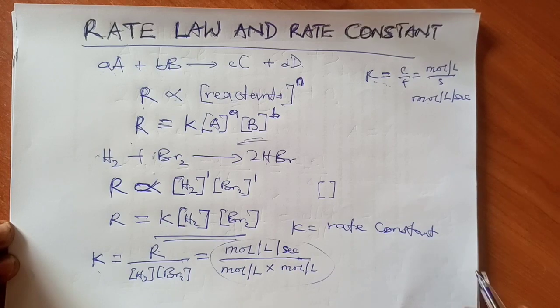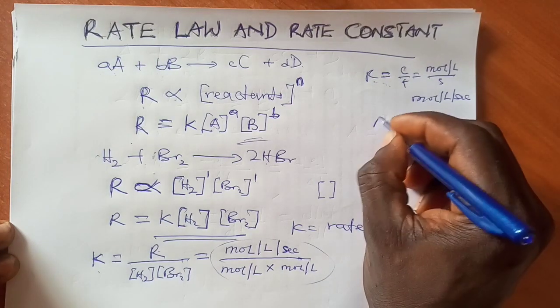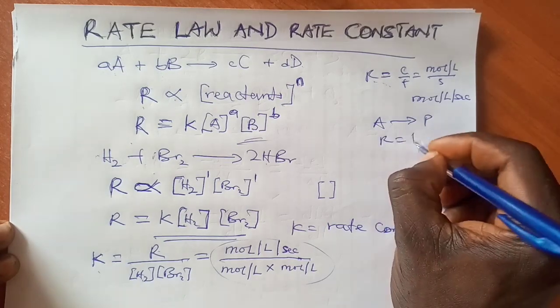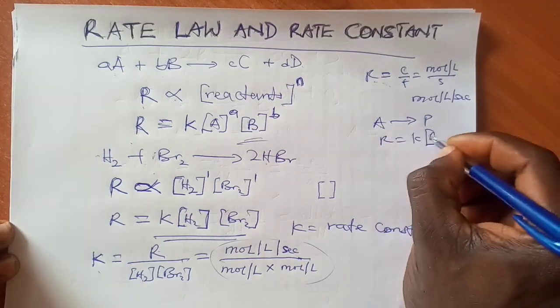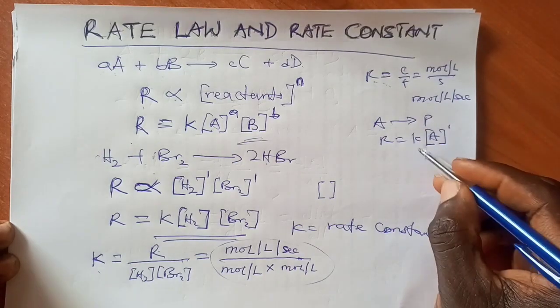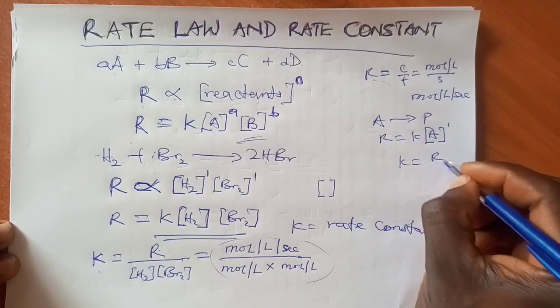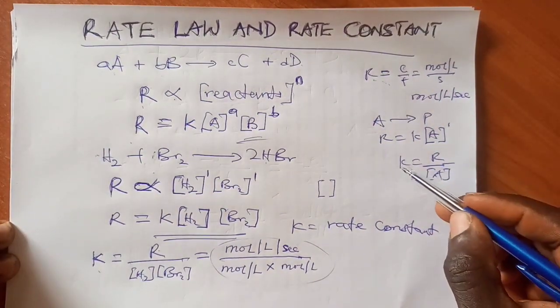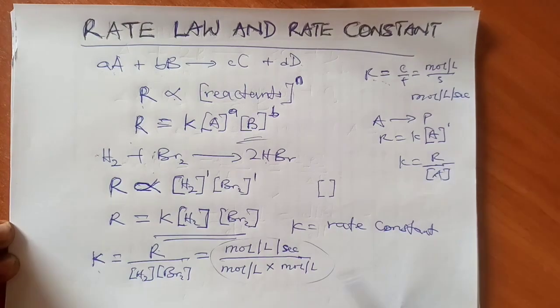There are equations where you have only A to give you P, and your rate will be K, the concentration of A raised to the power of 1. So your K will be R over concentration of A. You don't expect that the unit of K you get here will be the same as the unit of K you get here. They will actually be different.